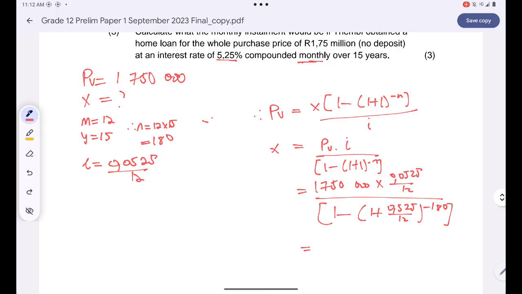So this would have given me 1,750,000 multiplied by 0.0525 divided by 12, and then 1 minus (1 plus 0.0525 divided by 12), all raised to the power of negative 180.